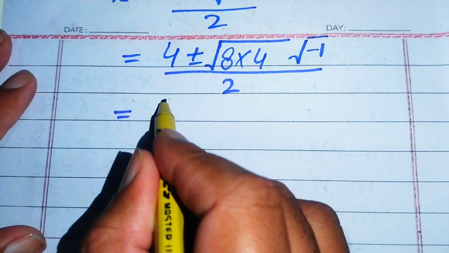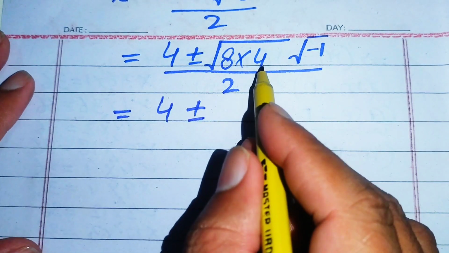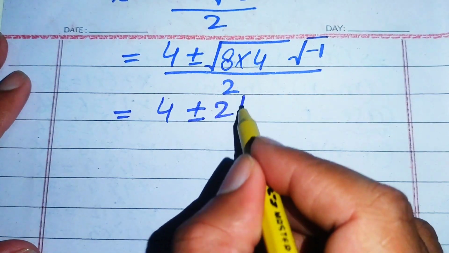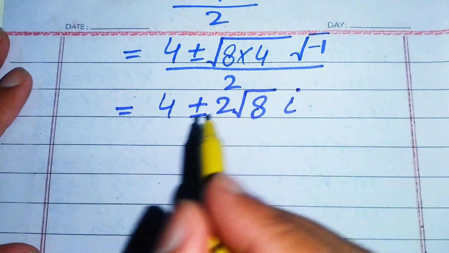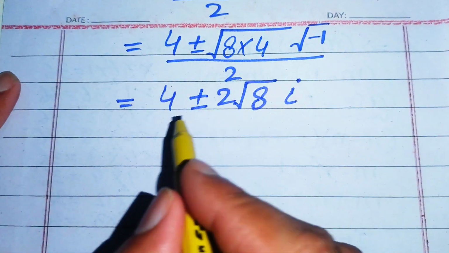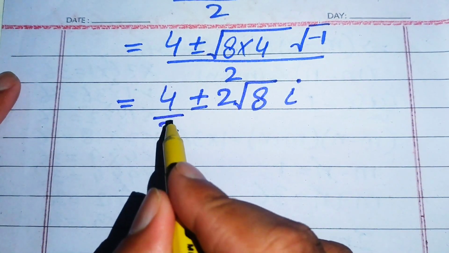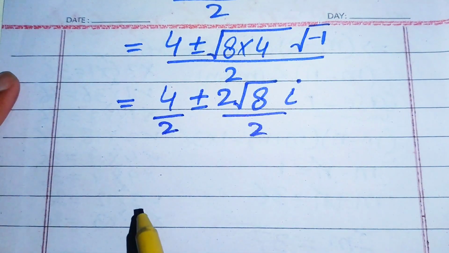So further we have 4 plus minus, here we know that the square root of 4 is 2, into square root of 8, and the square root of -1 becomes iota, and here we break this fraction and write it as 4 over 2, and this term over 2.